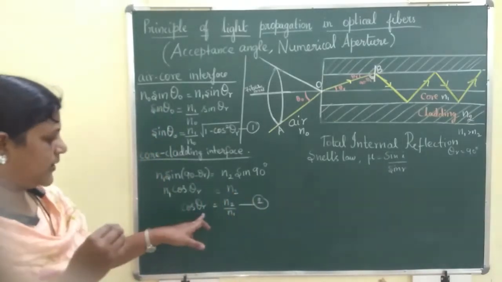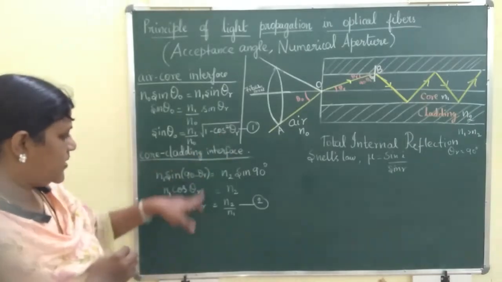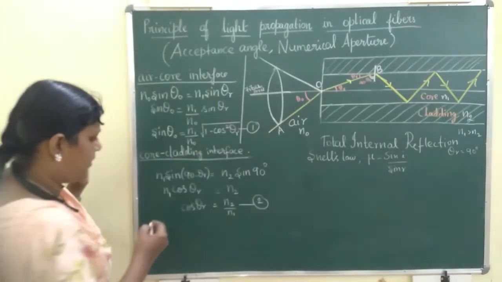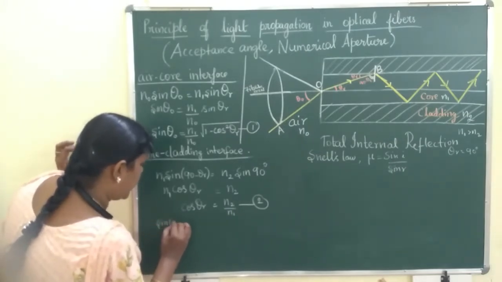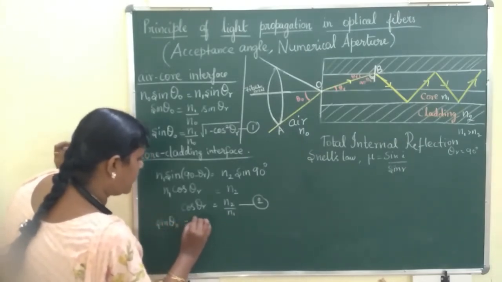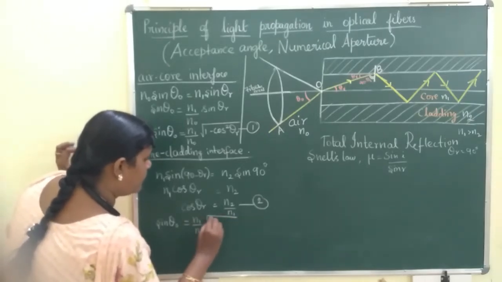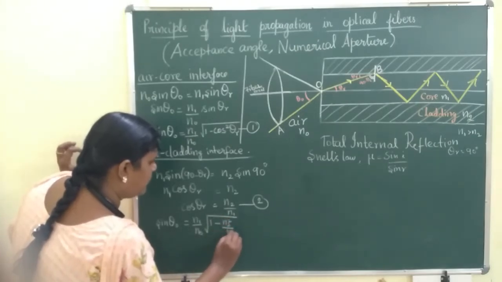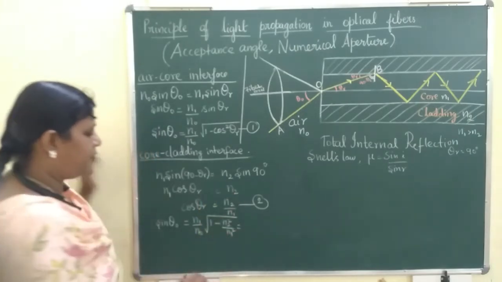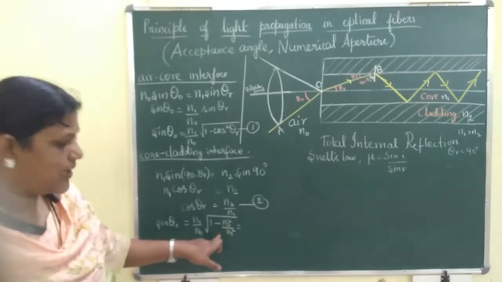Now what we are going to do with equation number 2 is substitute it in the first equation, because there we have cos square theta r. So let us rewrite equation number 1 as sin theta naught equal to n1 by n0 into root of 1 minus n2 square by n1 square. Then we simplify: n1 square minus n2 square divided by n1 square.